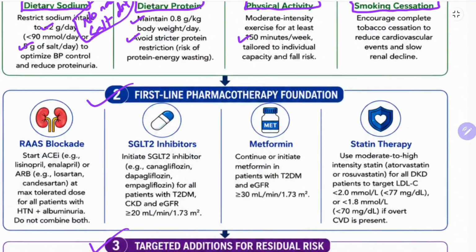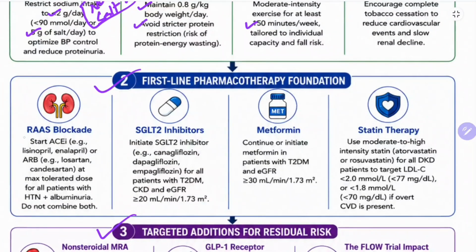Coming to first line therapy now. Number 1, start RAS blockade by giving ACE inhibitors or ARBs. Preferred drugs among ACE inhibitors are lisinopril or enalapril. ARBs are losartan and candesartan, remember. You can also tell me other sartans, olmesartan, those things also. But one thing to remember is they should be given at maximum tolerated dose for all patients with hypertension with albuminuria.